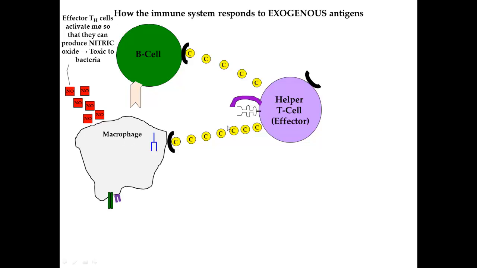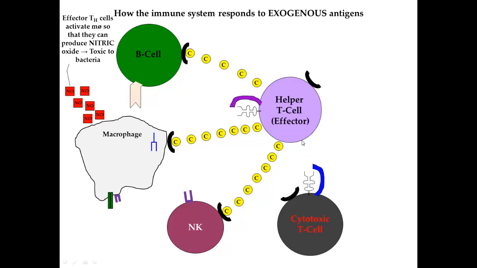So these helper T cells are putting that macrophage into kill mode. The third type of cell these helper T cells can activate are natural killer cells. And the fourth type are cytotoxic T cells. So you can see that by being opsonized with antibodies, it can trigger a response that has very far-reaching effects.